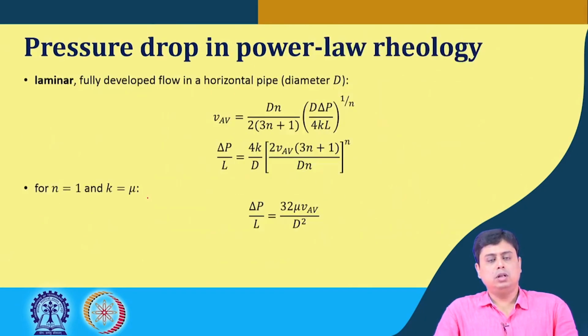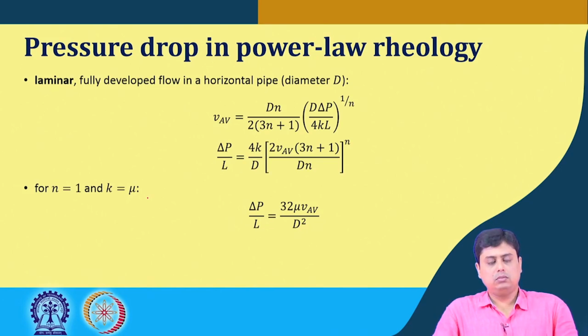Now, the most important factor in slurry transport is to predict or calculate the pressure drop that is required, because this in other words dictates the mechanical energy or the pumping cost that is required.